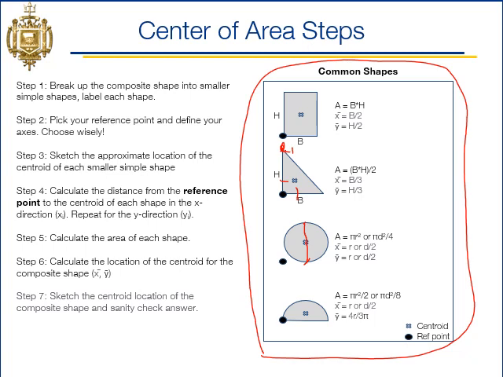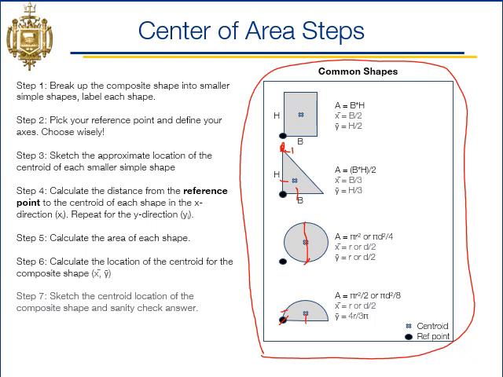And then for our semicircle, here's the area, and our x distance is still just the radius, but our y distance becomes the shorter distance, which is 4 times the radius divided by 3 pi.